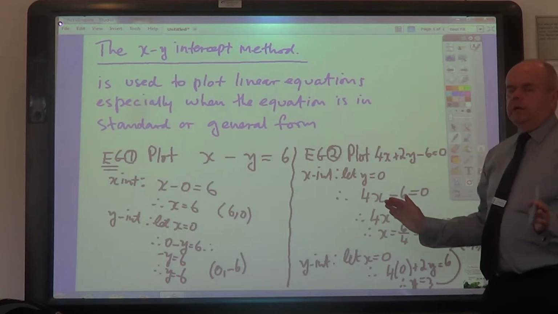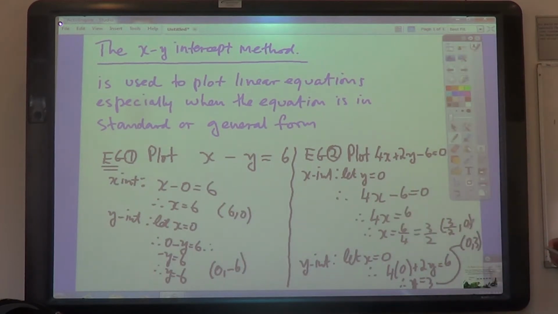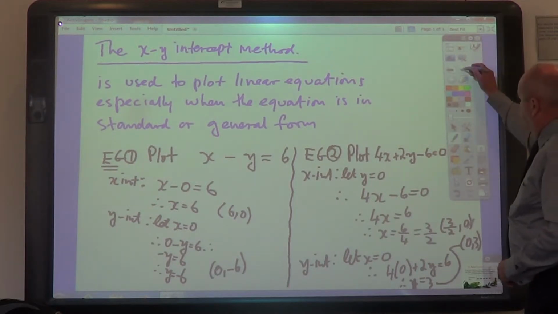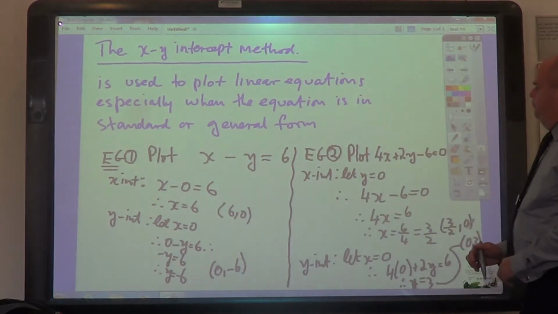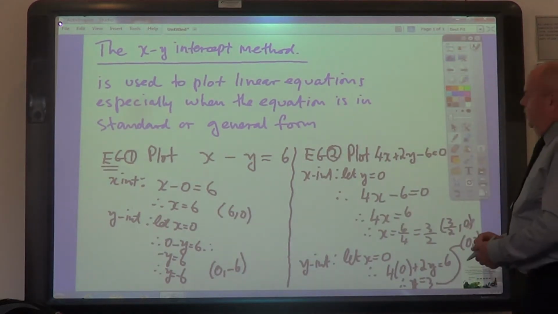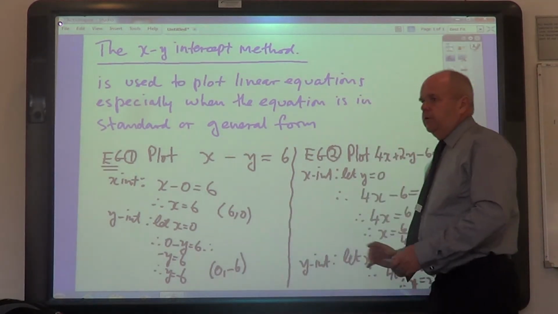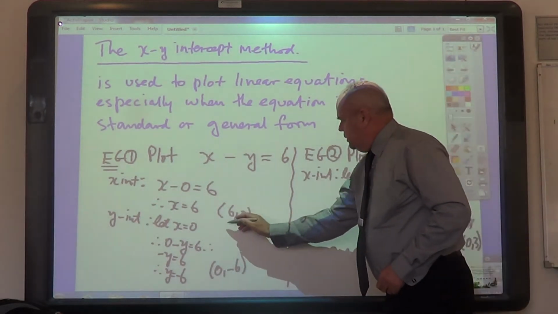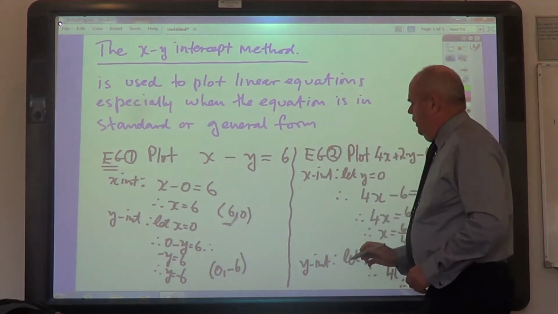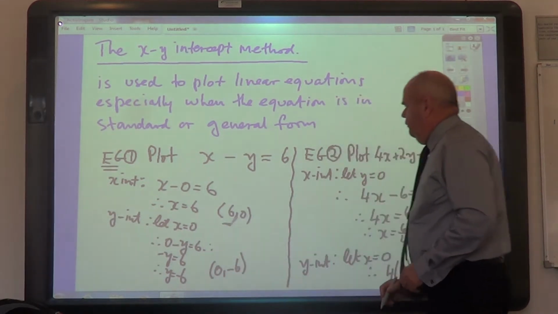And of course, all we need is 2 points to plot a straight line. So, on the next page, I'm going to plot those now that I know the intercepts. Okay? It's handy to know for plotting purposes where your intercepts are. For this one, I'm going to have an X-intercept at 6 and a Y-intercept of negative 6.